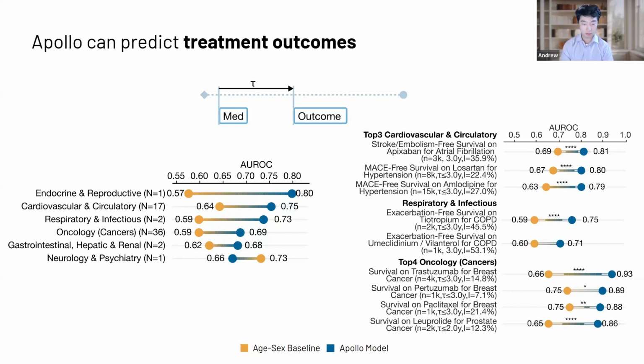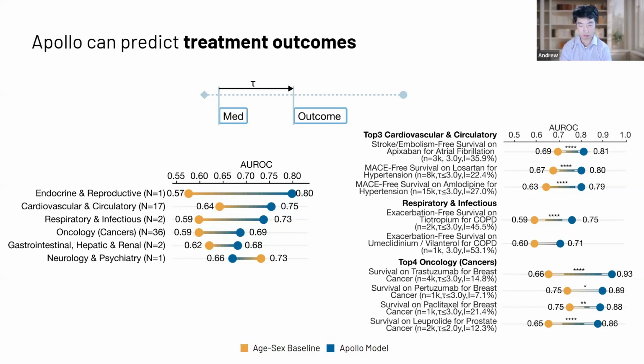So for treatment outcomes, the index time is the time of first administration of a medication, and then some outcome that we predict. And these outcomes are sometimes quite difficult to extract from the EHR because they aren't necessarily coded in a structured way. And so a lot of our outcomes are just survival because that is the most reliable.